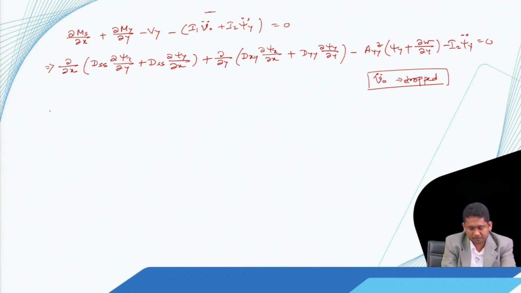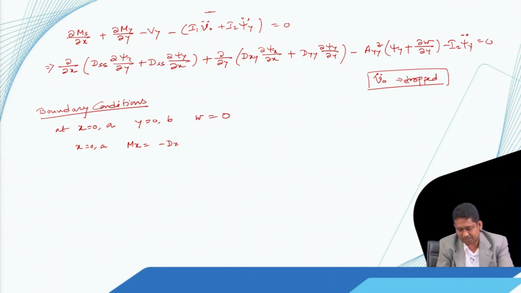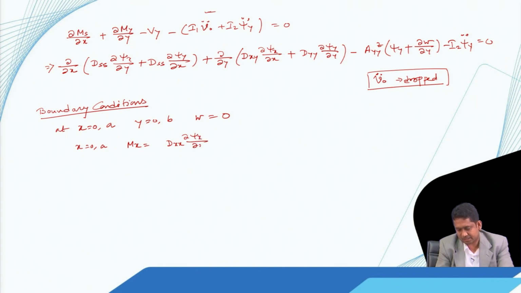So, the boundary conditions are at x equal to 0 and a and y equal to 0 and b, we have w equal to 0, and at x equal to 0 and a, we have Mx equal to 0, and Mx is we know nothing but, it is not minus now, it is Dxx into del psi x by del x plus Dxy into del psi y by del y equal to 0.